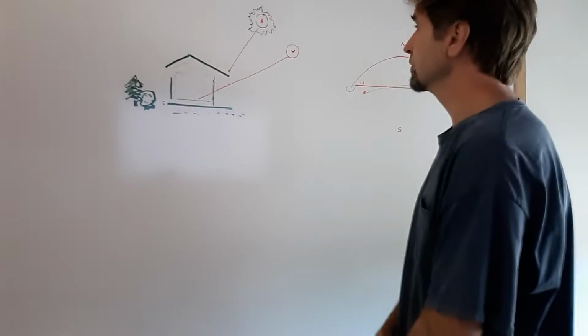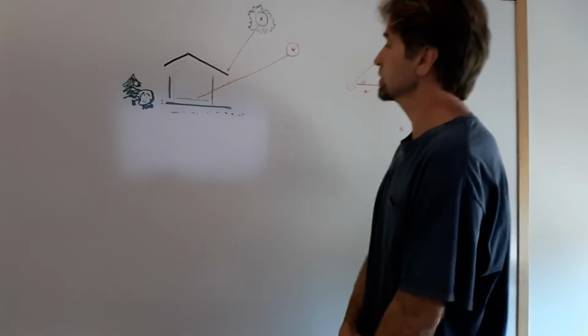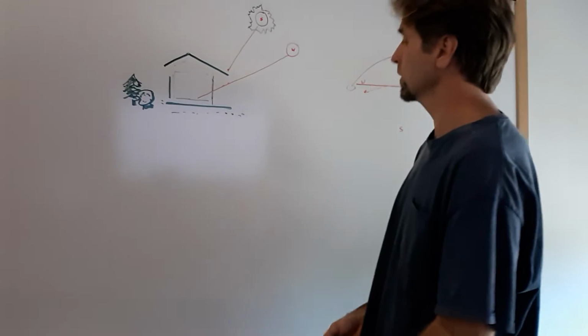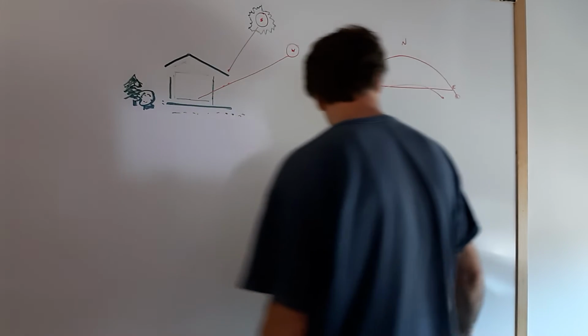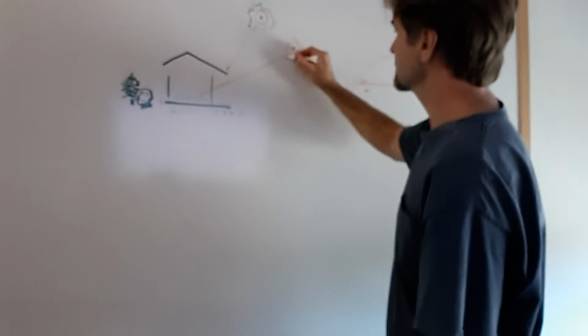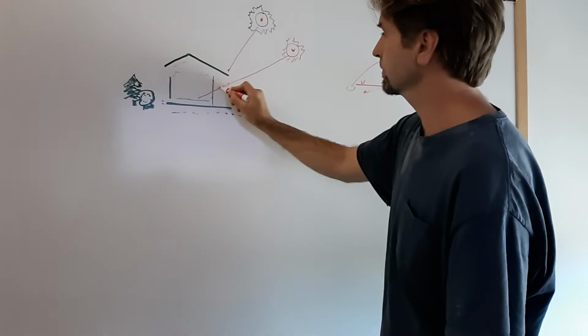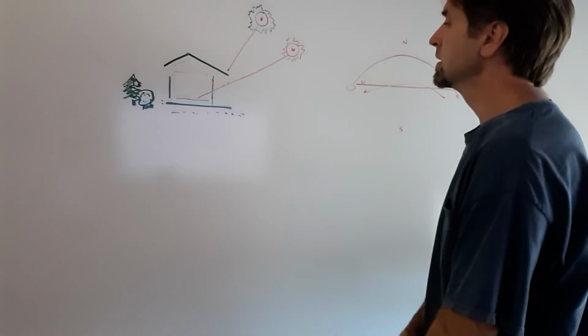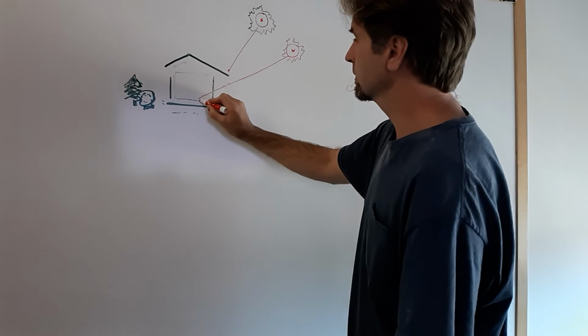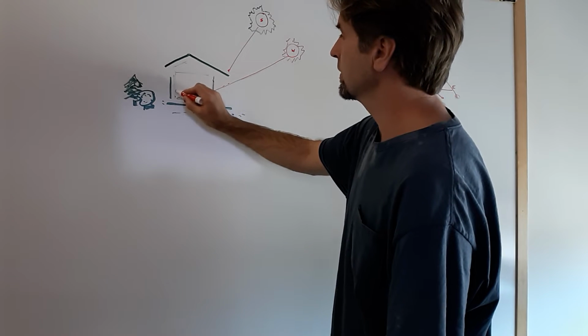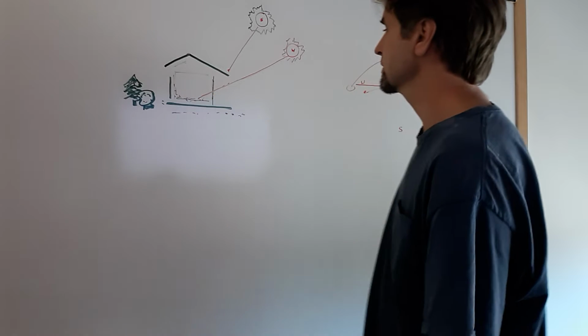There's a number of ways to do it to block the sun during summer, and then wintertime we will be utilizing that angle of the sun, which is lower in the horizon, and it's going to penetrate through the glazing of the windows and heat up the thermal mass here.